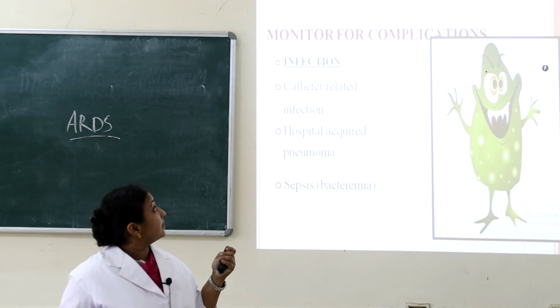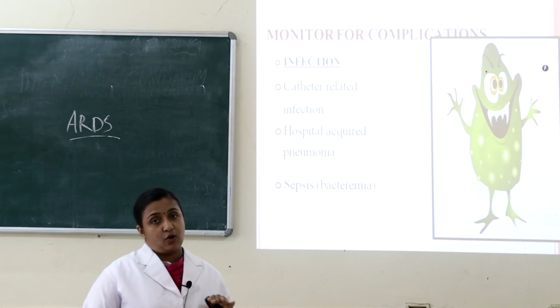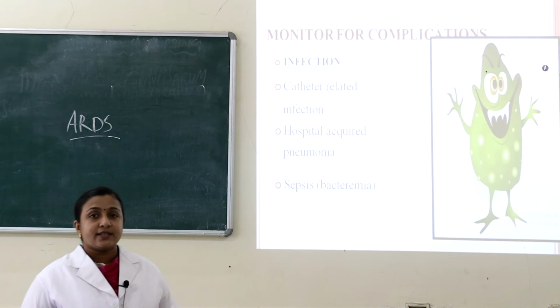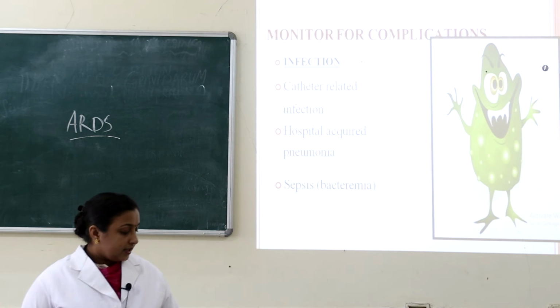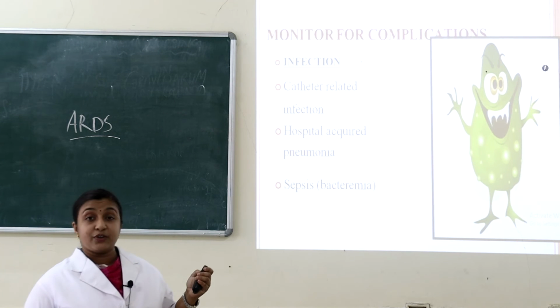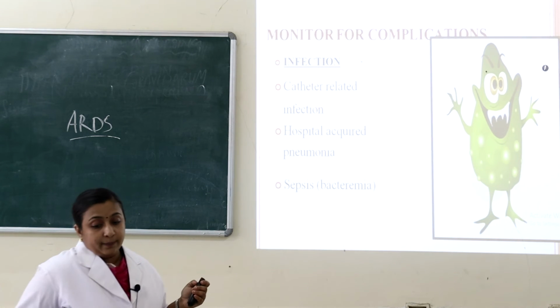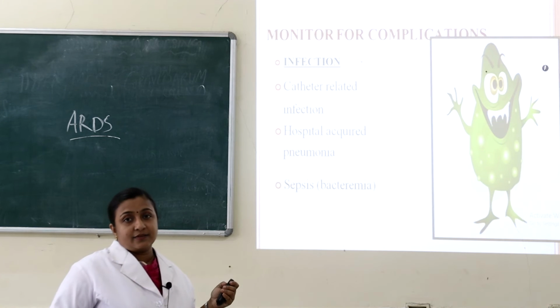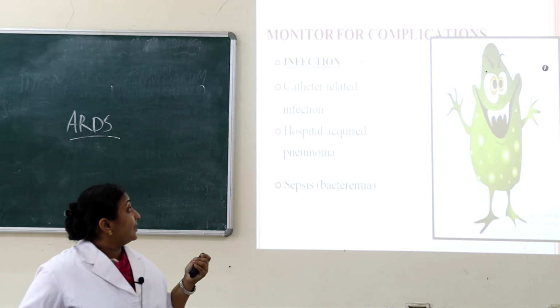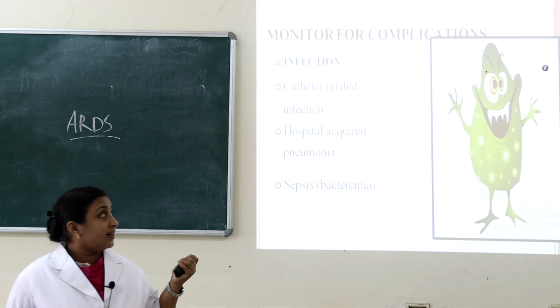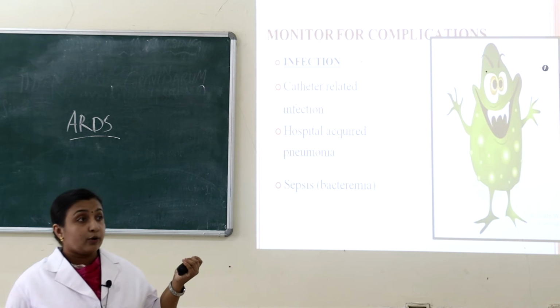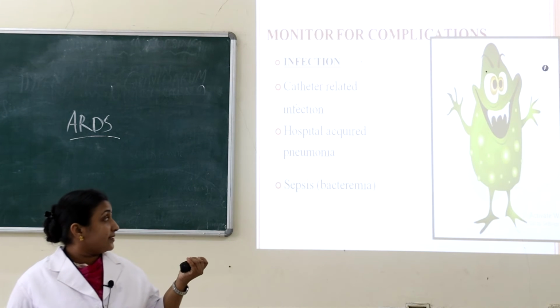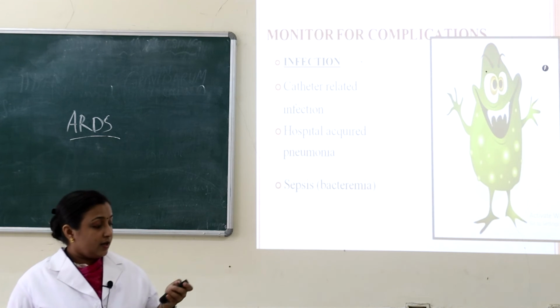The next most important part is the complications. Of course, if the patient develops any diseases, there will be complications, mainly infections. It is very, very important to watch for infections in ARDS patients, like catheter related infections, hospital acquired pneumonia, then sepsis or bacteremia.